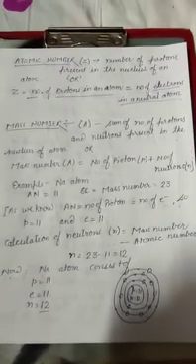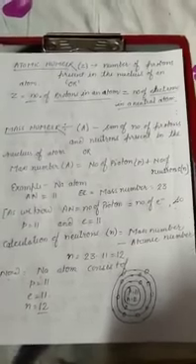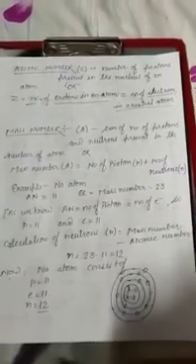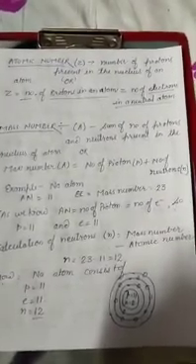which is always equal to the atomic number. Again I am repeating, the number of protons present in the nucleus of an atom is equal to the atomic number, or we can say Z is equal to the number of protons in an atom, or equal to the number of electrons in a neutral atom.